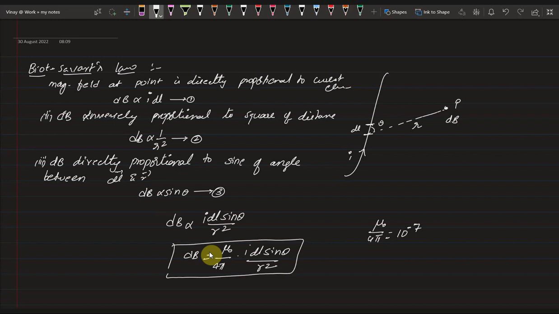And the units, I'll tell you directly: Tesla meter ampere inverse. Just remember this. Again, we'll discuss how these units came. So please note it down. This is the formula for Biot-Savart.